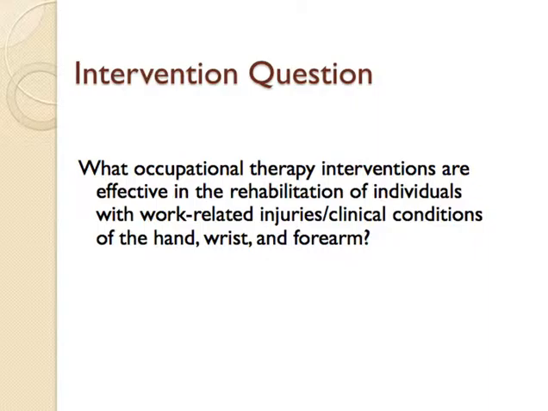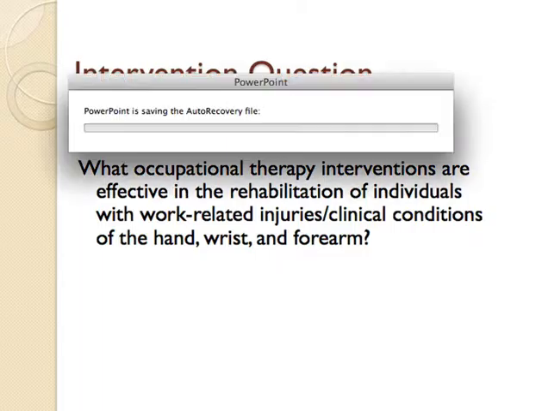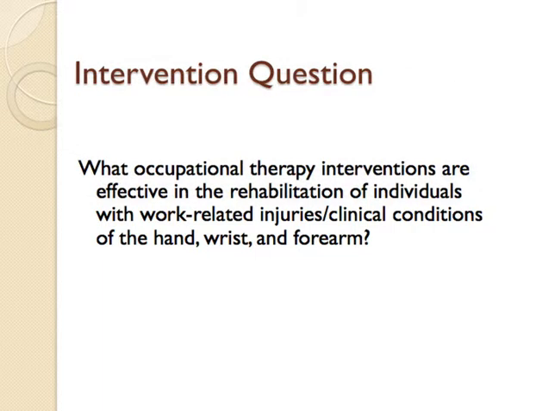So an intervention question could ask, what occupational therapy interventions are effective in the rehabilitation of individuals with work-related injuries and clinical conditions of the hand, wrist, and forearm? So we're asking in this question, what works? And that is the core of what evidence-based practice is.